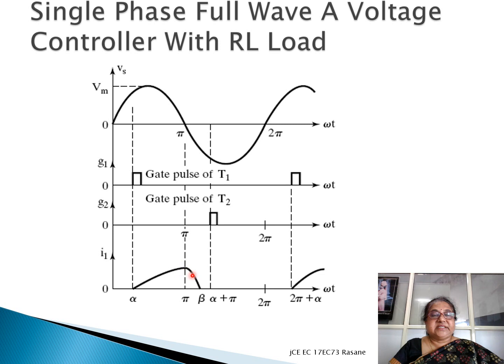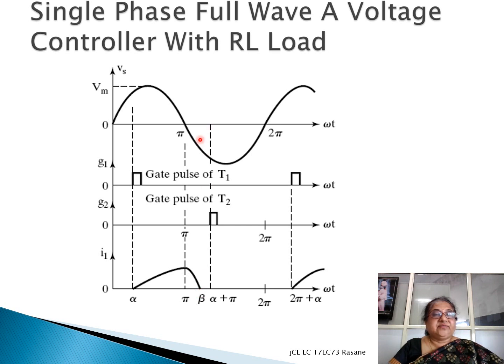It is basically discharging through the thyristor, forcing it to remain on for a certain duration, that is till beta. And since T1 does not carry negative current, it has to carry the positive current. It is going to flow till the angle beta, and here is the point when it turns off.